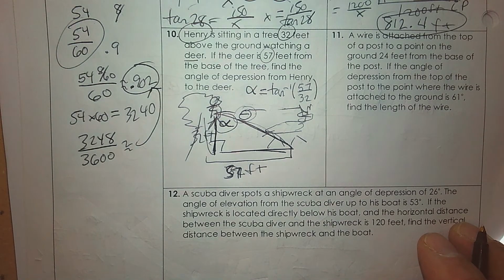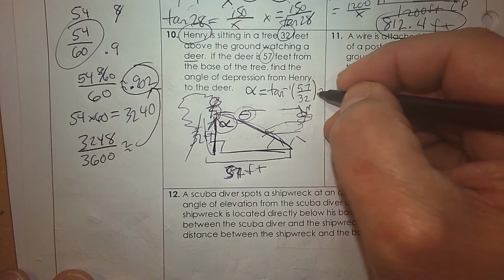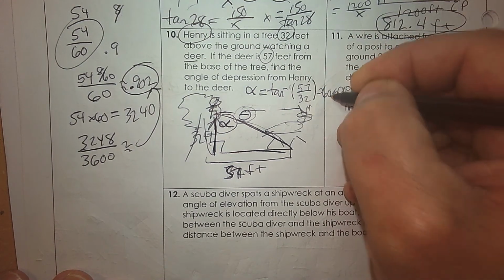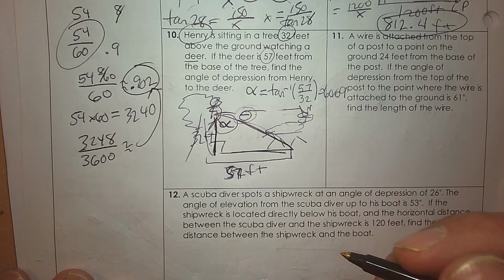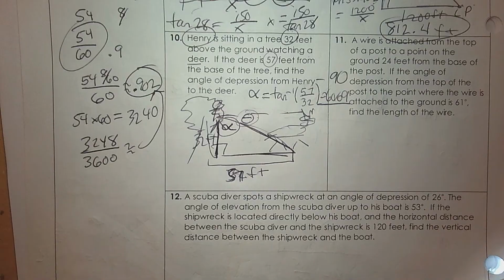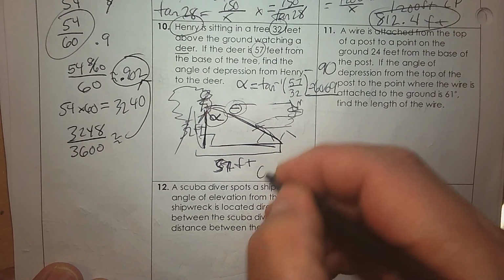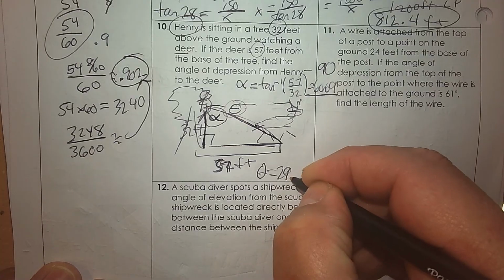Now, whatever answer you get, which is 60.69, you have to subtract 90. So if you subtract 90 from it, what's the angle of depression? So theta then is 29 point.